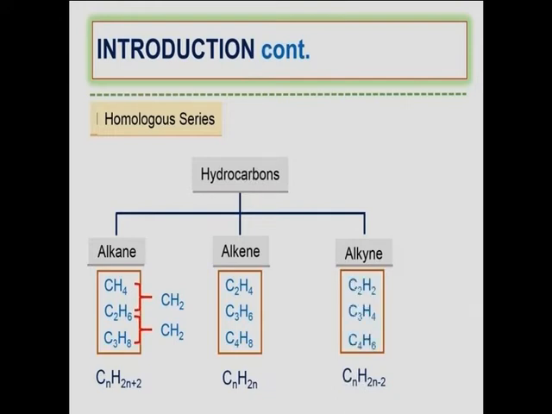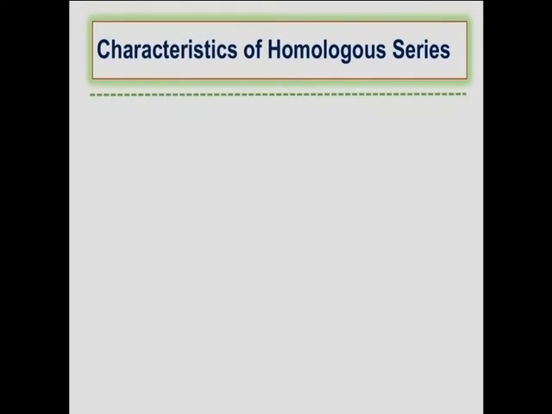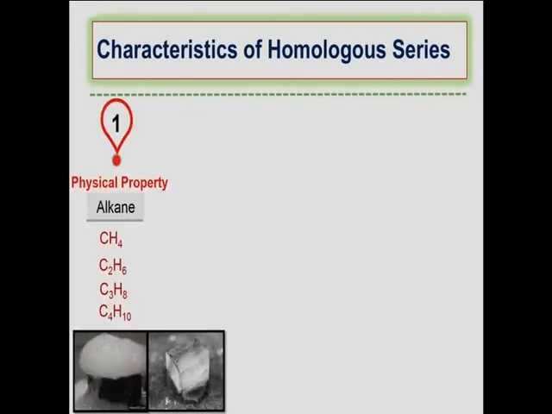The compounds in a homologous series we call homologs, and the phenomenon we call homology. So let's look at the characteristics of homologous series in more detail. We have the physical properties like boiling point, melting point, density, solubility.